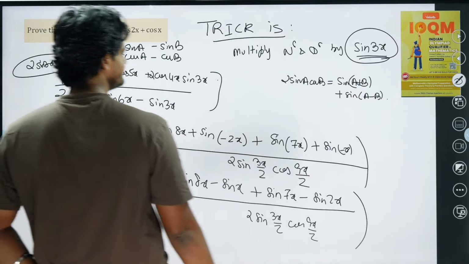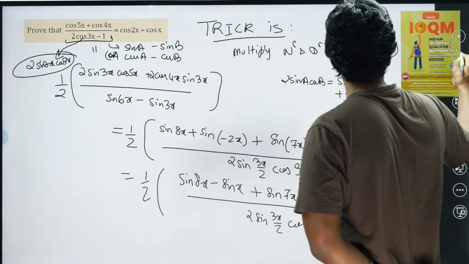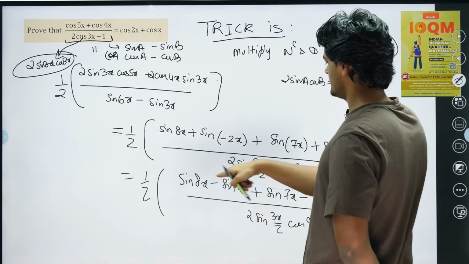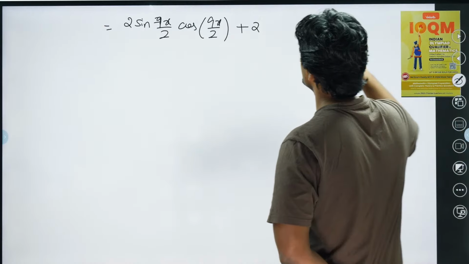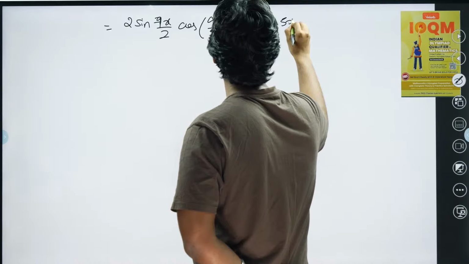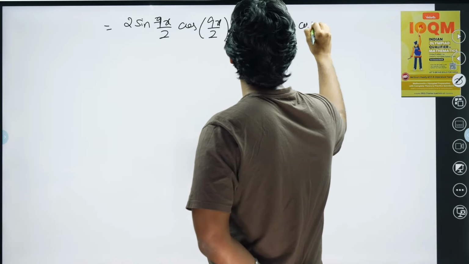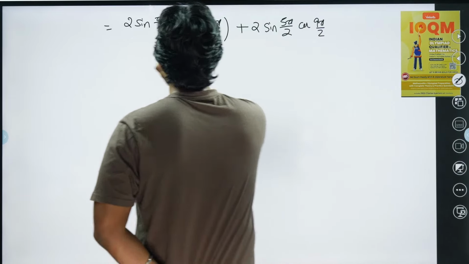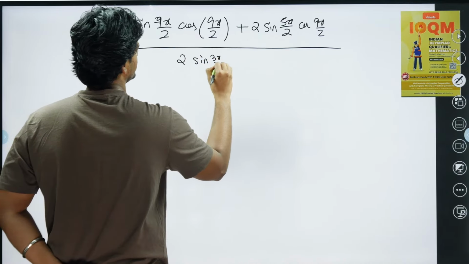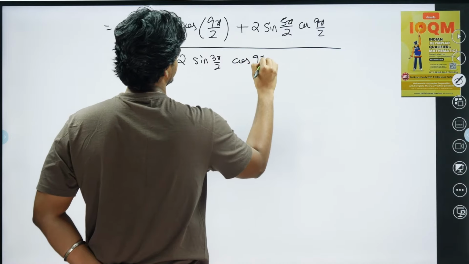Okay. So yes, now I'm correct. It should be sin 9x by 2 cos and sin 5x by 2 cos 9x by 2, divided by 2 sin 3x by 2 cos 9x by 2.